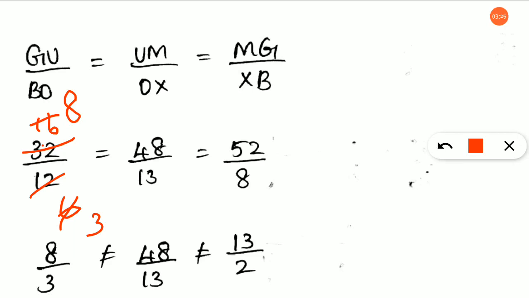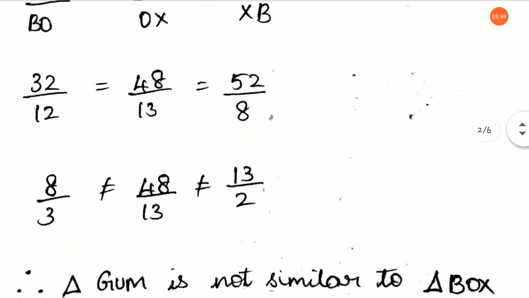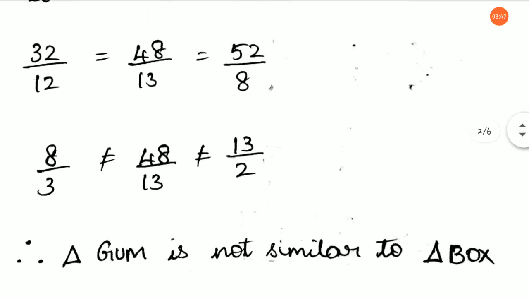Then 48 by 13 is not divisible. And then here again I am going to use the two times table. It will become 26. And then 2 times and then 13 times. So 8 by 3 is not equal to 48 by 13, and it is not equal to 13 by 2. Therefore we can say that triangle GUM is not similar to triangle BOX.